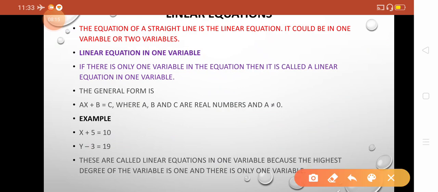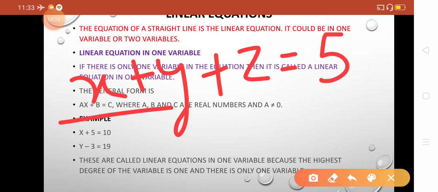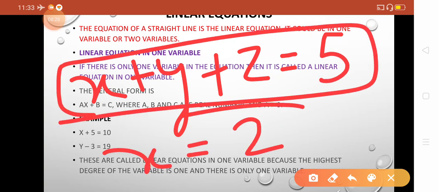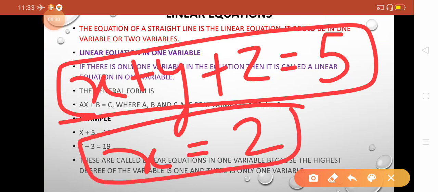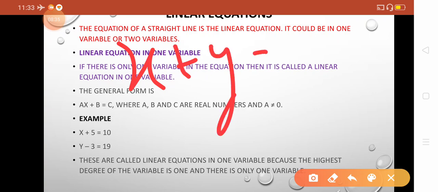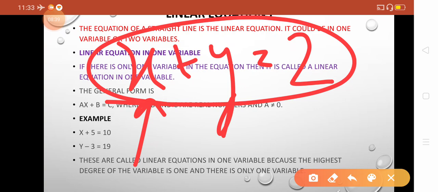There can be more than one variable. For example, x plus y plus z is equal to 5 is a linear equation in 3 variables. x is equal to 2 is a linear equation in one variable. x plus y is equal to 5, or x plus y is equal to 2, is a linear equation in two variables because two variables are there.